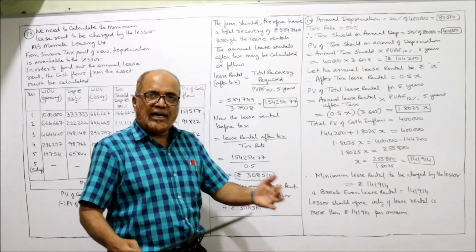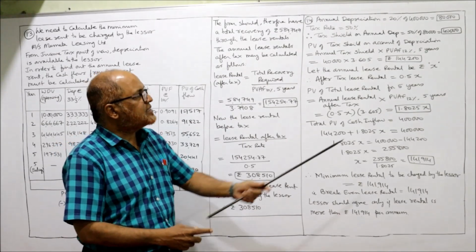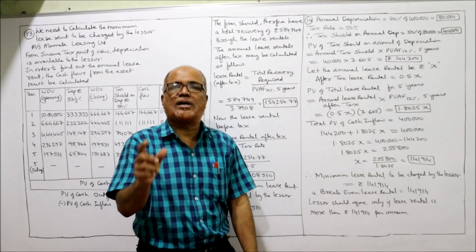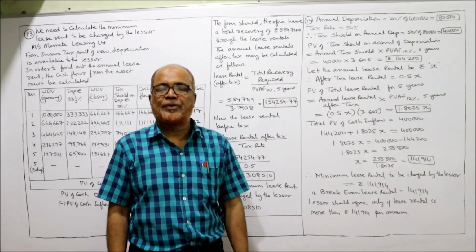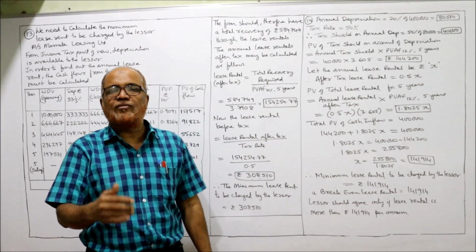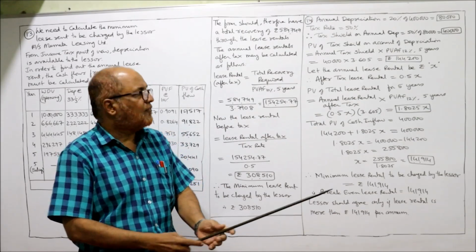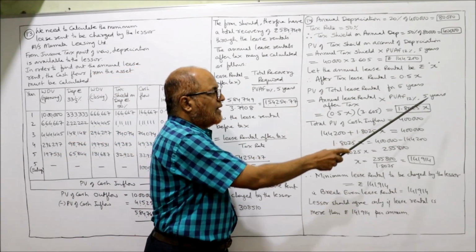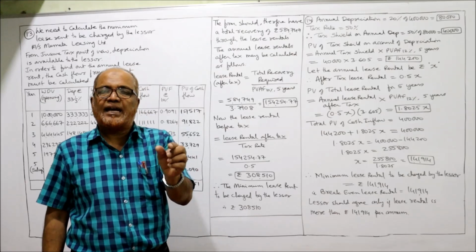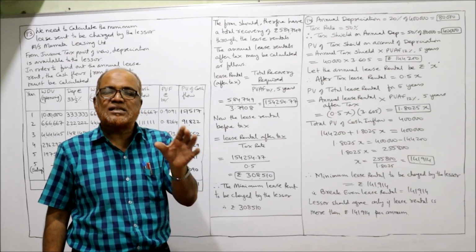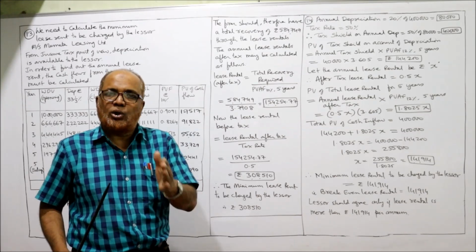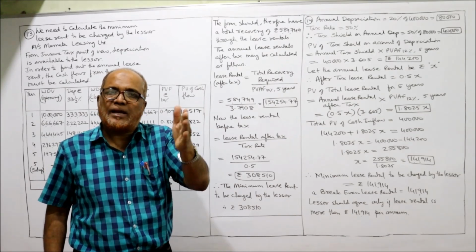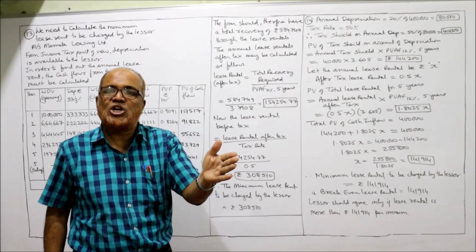The inflow is the present value of depreciation benefit, 1,44,200, plus the present value of lease rental, 1.8025X.